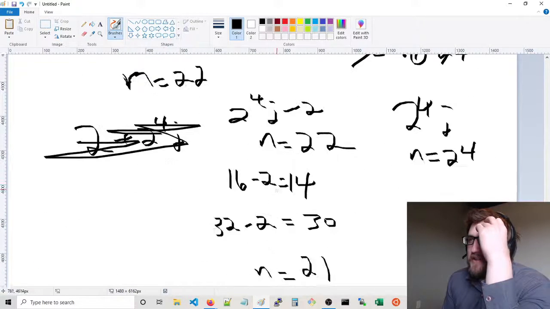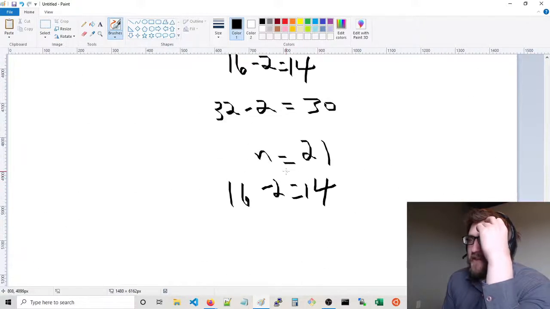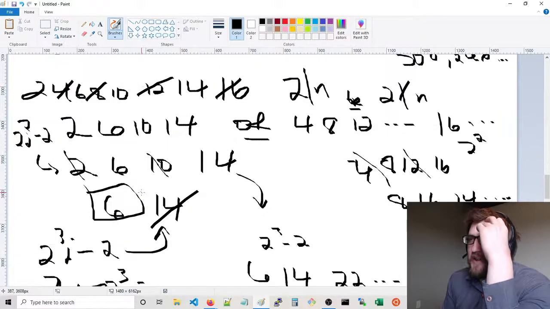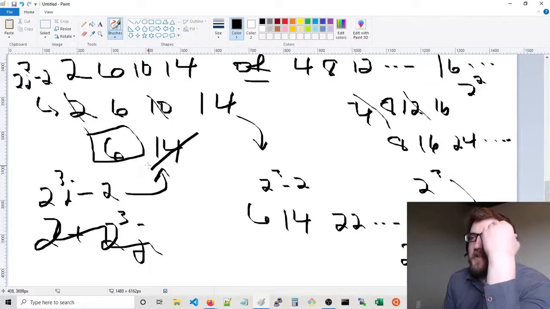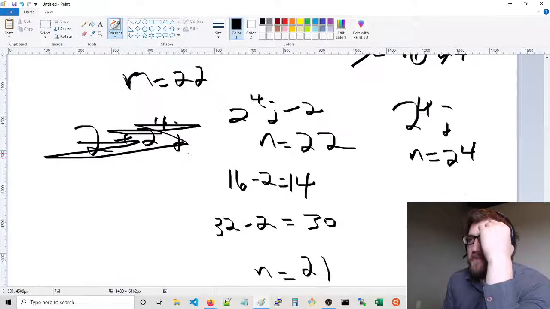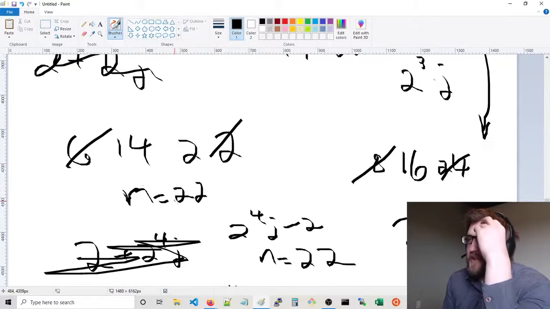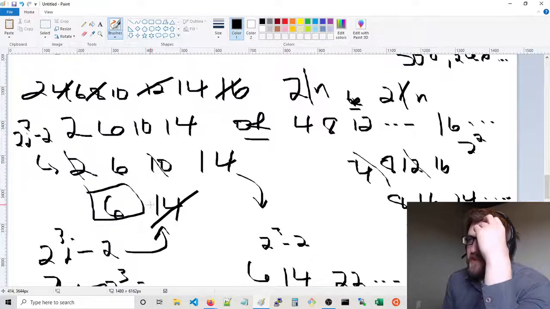It somehow doesn't make the cut. And I guess that's a question. Like, how do we know if it's 6 or 14? Right? Like, how do we know? It's clear what these sequences are going to look like. But I guess what I mean is, this one doesn't make it that far.